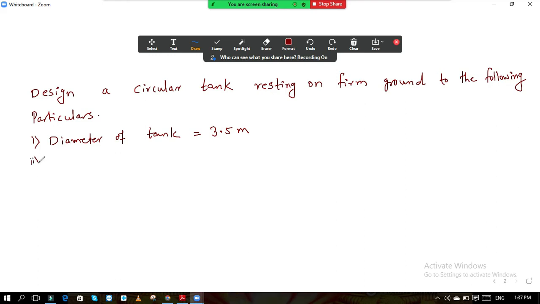Second, depth of water is equal to 3 meter. Third, the wall and base of water tank is flexible.